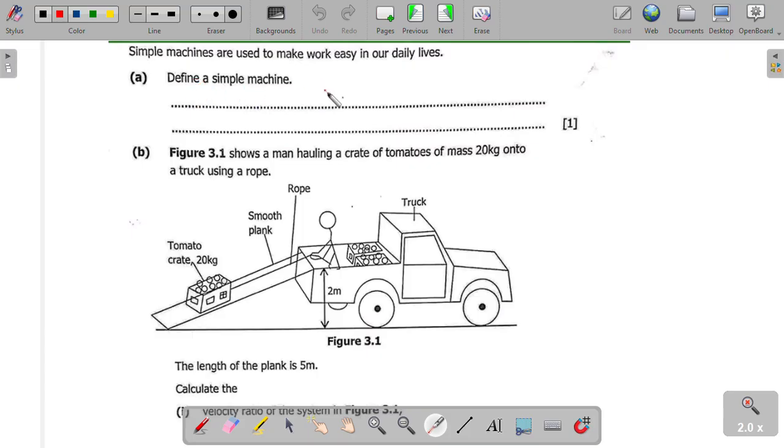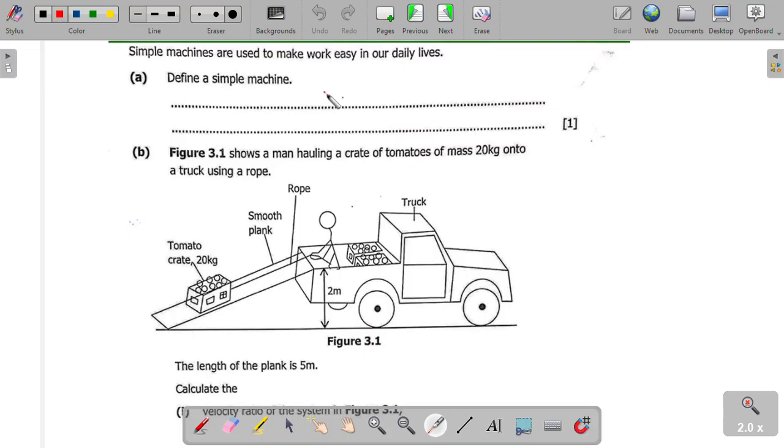Define a simple machine. When you are asked in the exam to define, the examiner is expecting you to give a clear meaning of what is being asked.